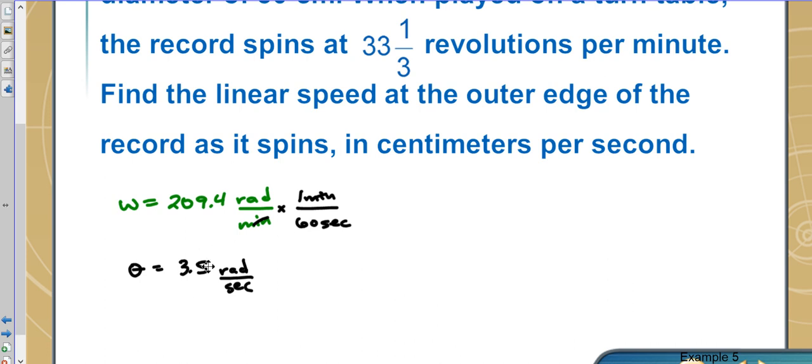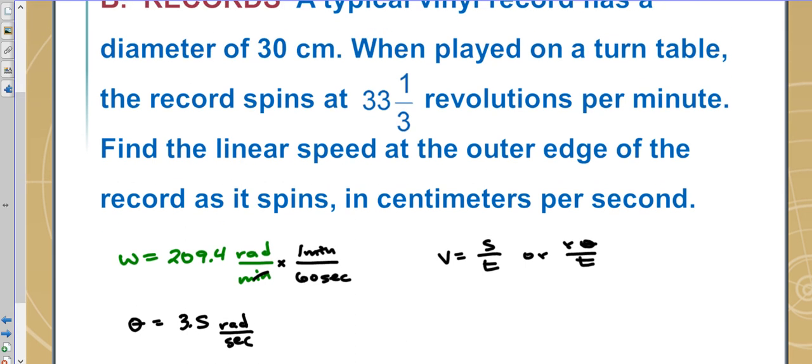And so now that I know what theta is, I can find the linear speed, because the formula for that was v equals s over t, which I said earlier is the same thing as r theta over t. Well, we know what our r is. It says up here that the diameter is 30 centimeters. If that's the diameter, then the radius is half that, which means 15 centimeters.